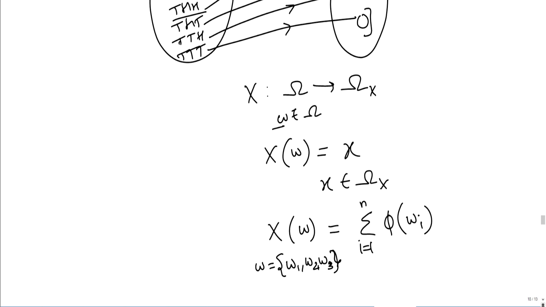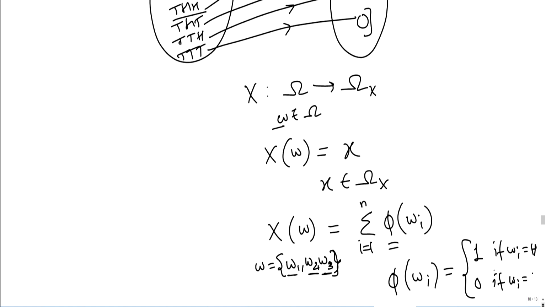So, let us say omega 1 indicates the outcome on the first coin toss, it could be either heads or tails, omega 2 indicates heads or tails on the second coin, omega 3 on the third coin. Phi is an auxiliary or intermediate function, and what this function does is this: phi of omega i equals 1 if omega i is heads and 0 if omega i is tails.